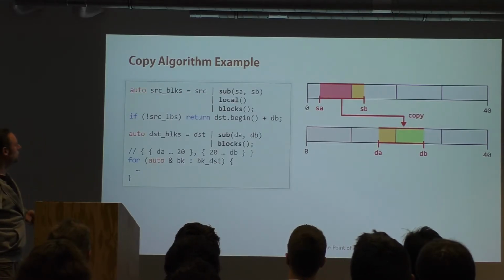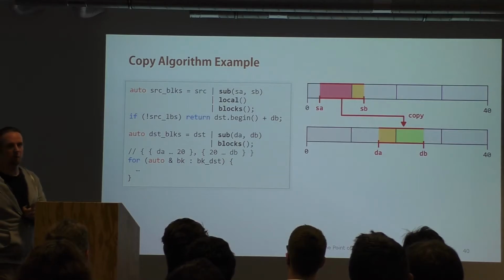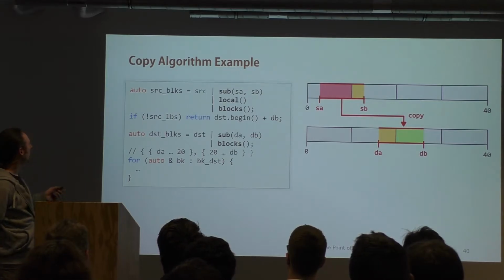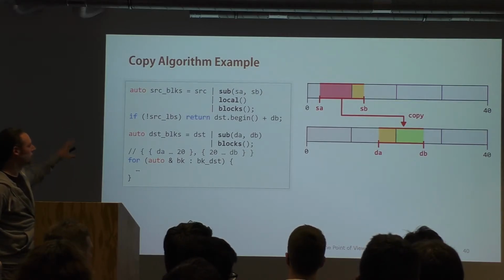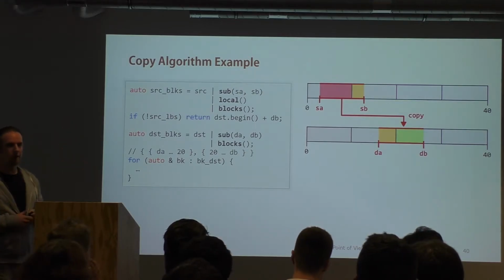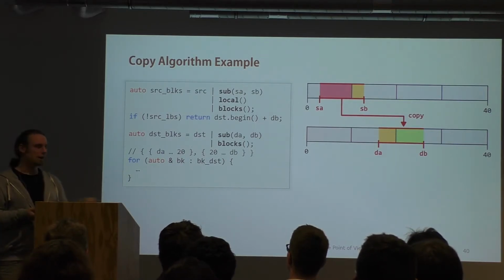And with views, the view extensions in DASH that are not merged to development yet, I'm working on it, the gist of the algorithm pretty much boils down to this. So I have a subrange in the source, I have a subrange in the destination, and now I want the intersection. So can I do a local copy?